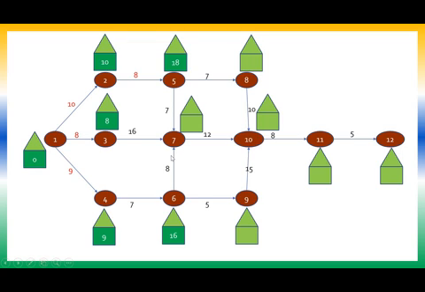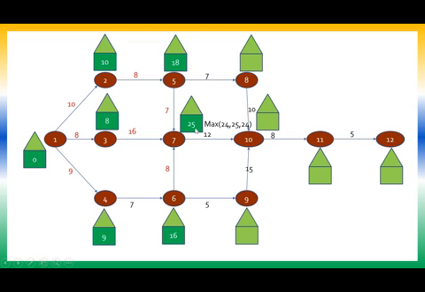As we know, in forward pass, it is the max of all the three values. 18 plus 7, 25. Then 8 plus 16 is 24. Then 16 plus 8, 24. Out of 24, 25 and 24, which is maximum? 25. So I put that as the value.